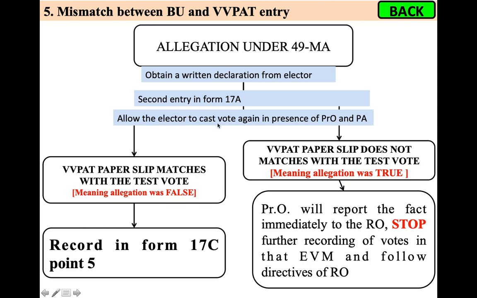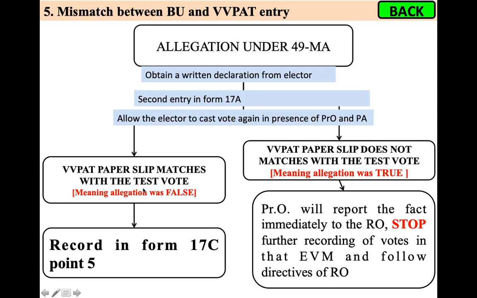The second situation is when he is allowed to cast the vote again and his allegation turns out to be false. That is, he cast for candidate A and the paper slip also matches candidate A. In these cases, what will the presiding officer do?